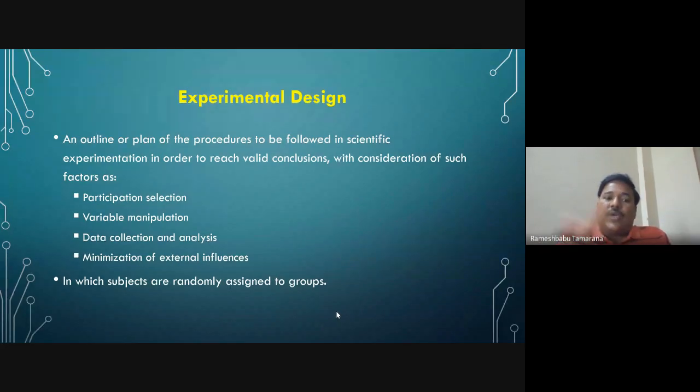So here the participant selection is random, and for variable manipulation I have manipulated the independent variable, which is the breakfast content, because two types of breakfast are there. Also the data collection is very systematic, and I'll do the analysis, and also minimize external influences.